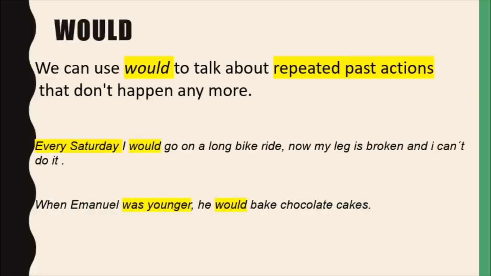When Emmanuel was younger, when he was younger, so that's in the past, he would bake chocolate cakes. So this means that Emmanuel used to have this tradition, this situation, but this doesn't happen anymore. Okay?